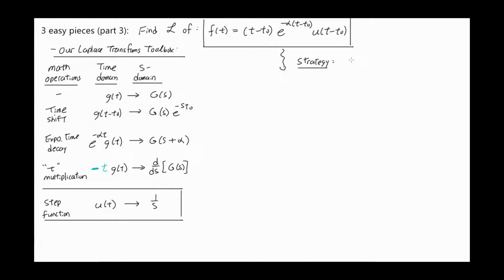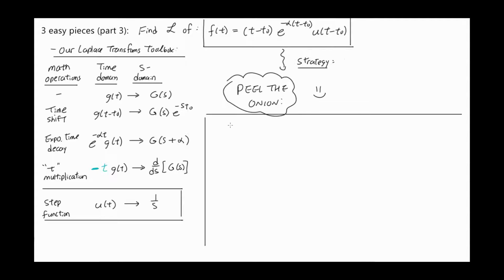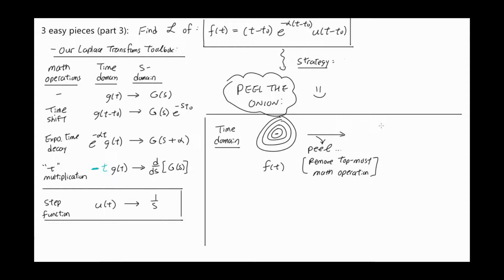Okay, so we're going to strategize by learning how to cascade these identities on top of each other. The main strategy is the peel the onion approach. What do I mean by that? Suppose you have a time domain function f of t with many mathematical layers on top of each other. You peel the onion, which means you remove the topmost math operation, and you get a smaller function or a smaller onion.